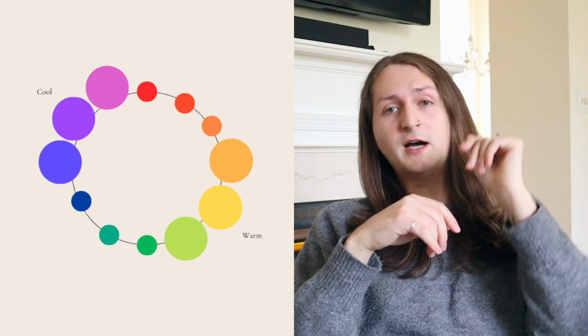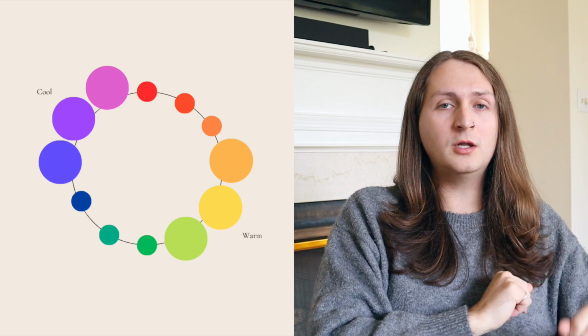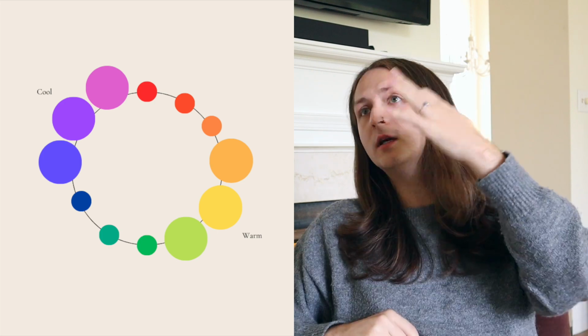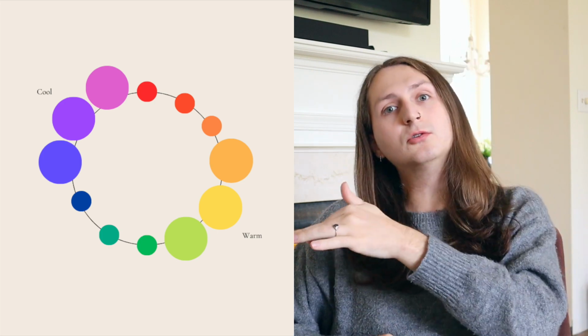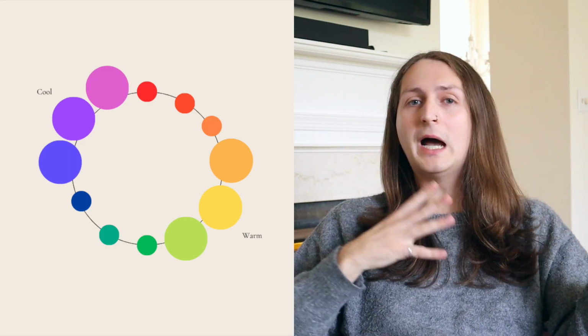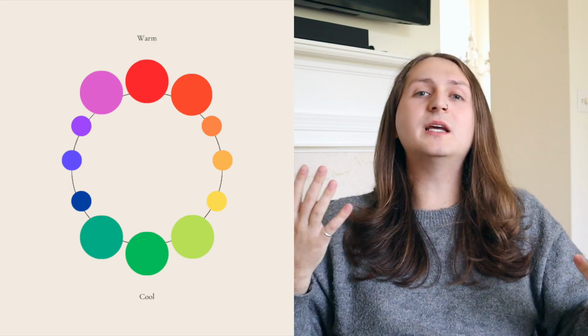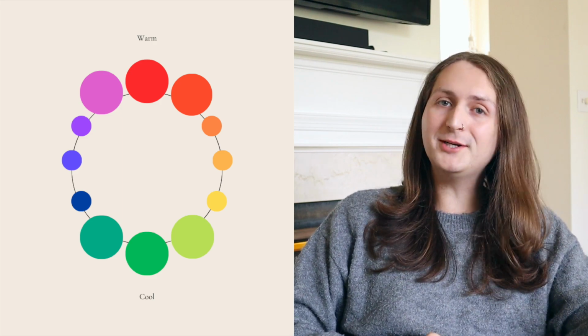And you know, if you're using blue violet, violet, and red violet, it's probably gonna lean more cool because you have two other cool colors. Whereas if you're using yellow orange, yellow, and yellow green, that's probably gonna feel more warm because you have two warm colors. So I think those can sway either way. That's gonna be up to you whether you're using them as a cool or a warm color.